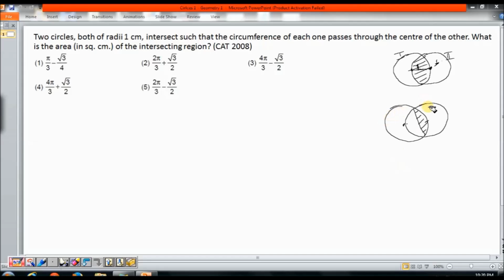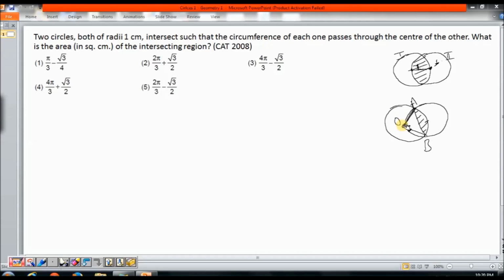To find the area of this region, if I can find out the area of this sector, so if you see, say this is the center O, this is point A and this is point B. What I have done is, I have joined the point of intersection of the two circles with the center of first circle.